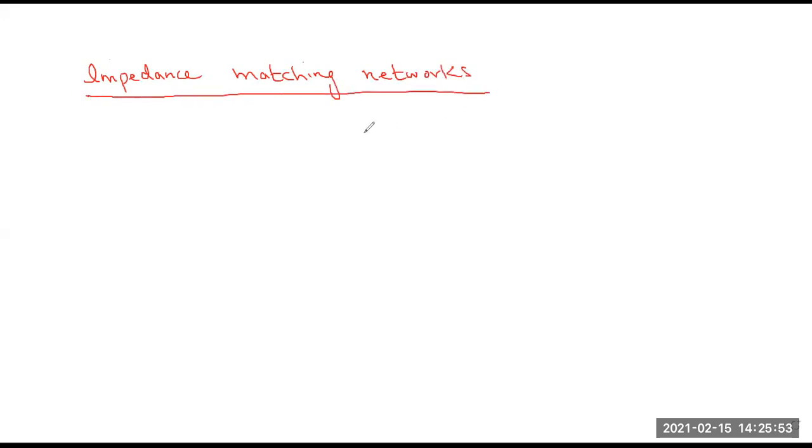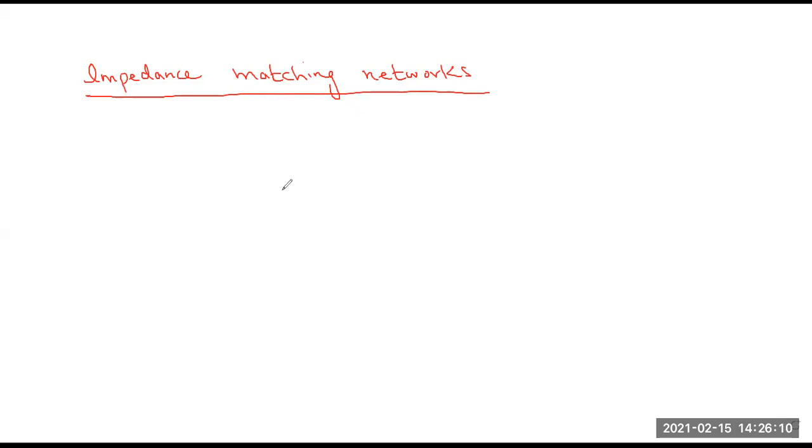Okay, so our topic that we have been doing since the last two lectures is impedance matching circuits. I mentioned that there are a number of networks available that you can use to solve the problem of impedance mismatching, which is an undesirable situation.